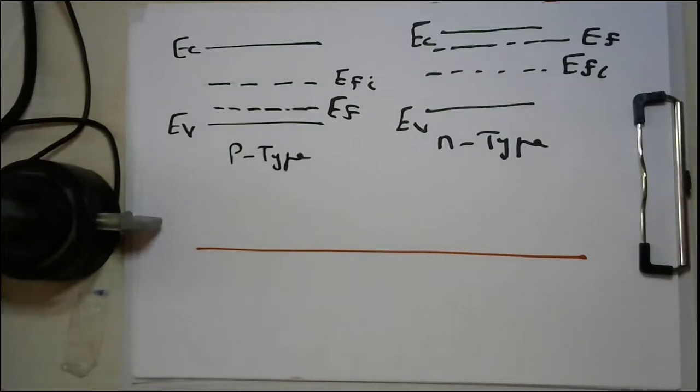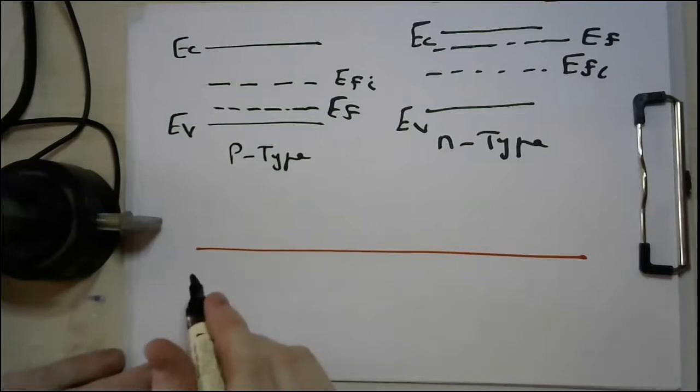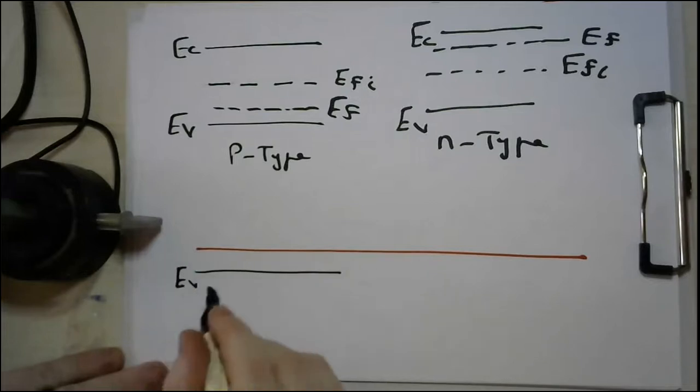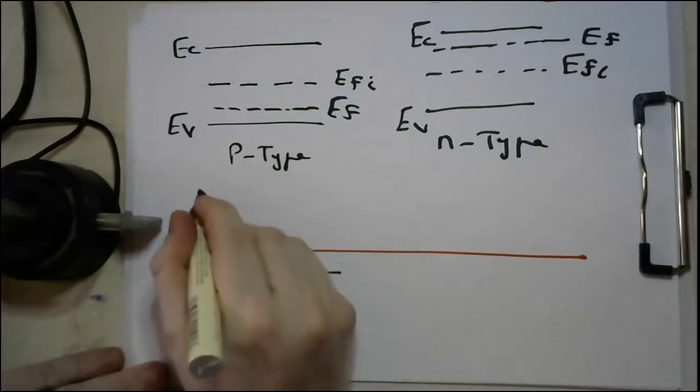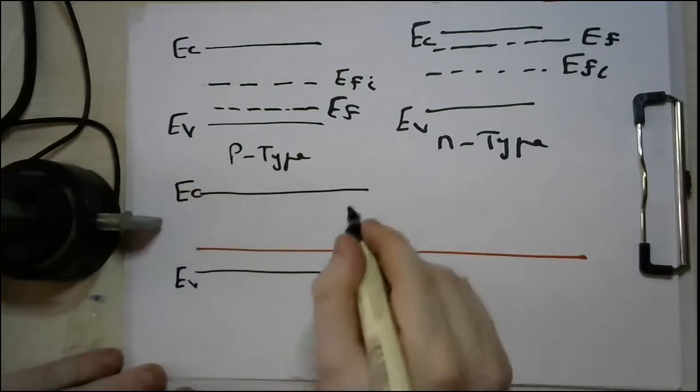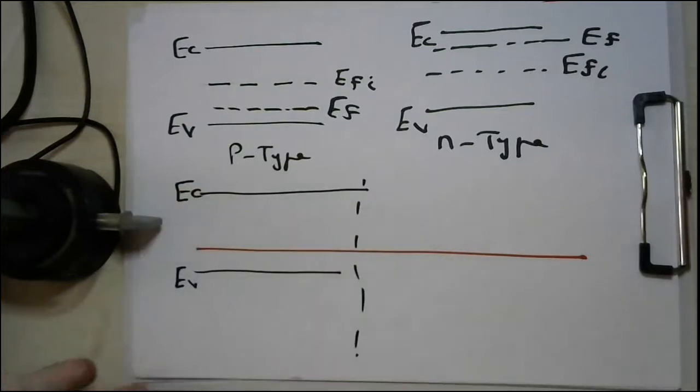Whenever you are plotting your P side, for example, which is the left-hand side here, you will say that EV is closer to the EF and EC is a bit further. So this is the P-type portion.